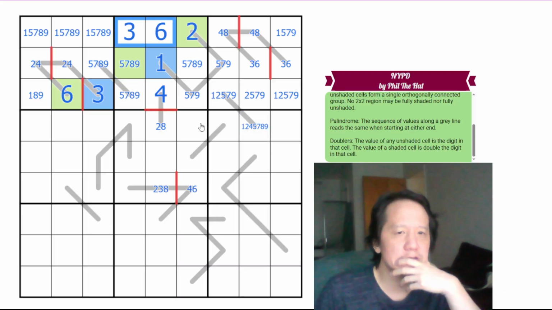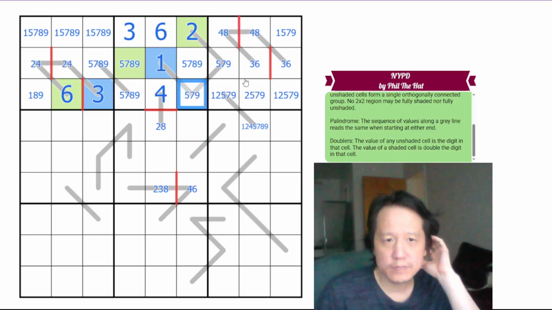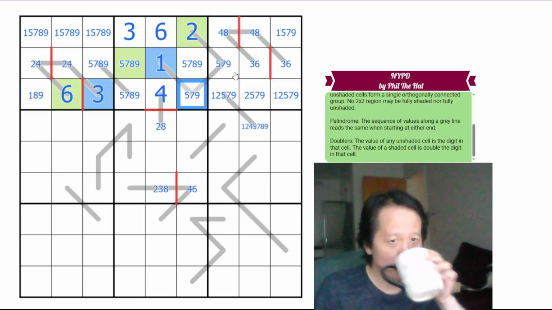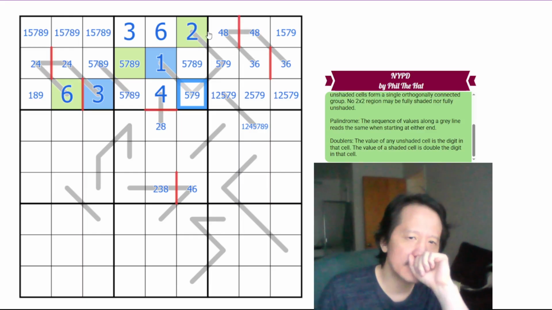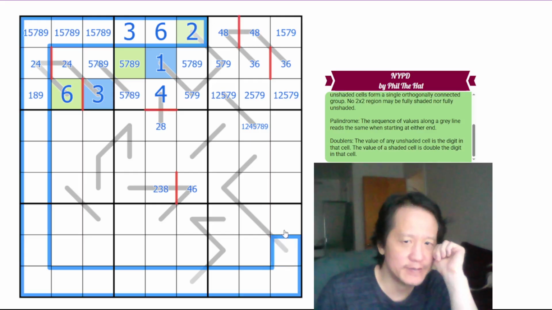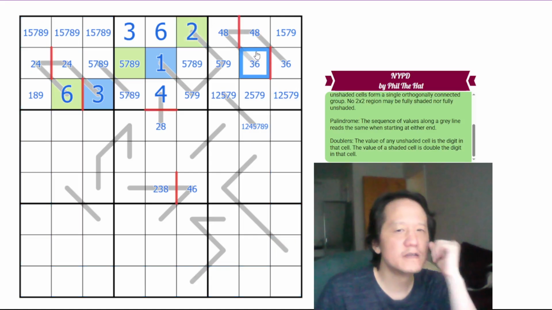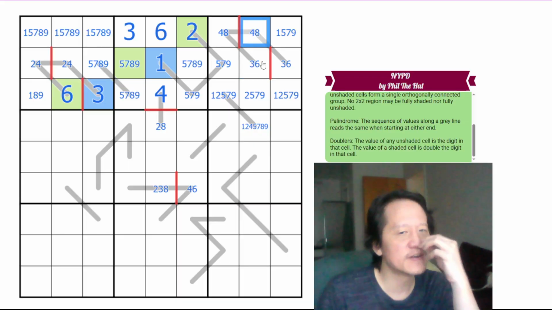We don't know anything about this. Technically, it could be all green all the way around. Maybe not. Okay, so if this is 3, obviously this can't be 4. But 6 and 8 are fine too.